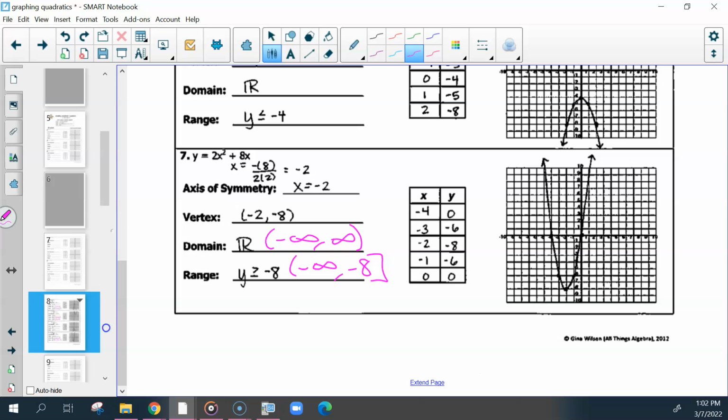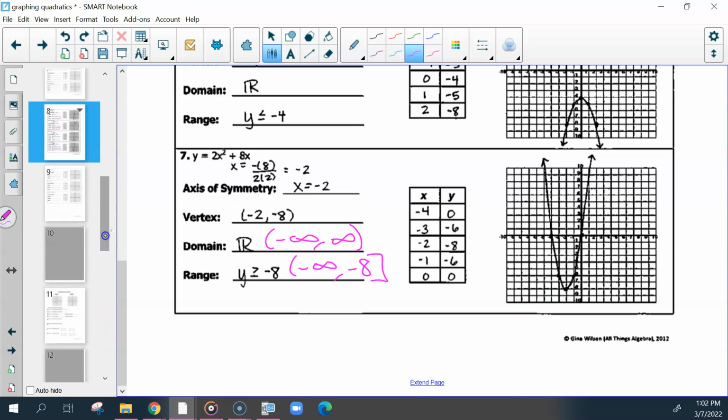Questions on number 7? Moving on to number 8.